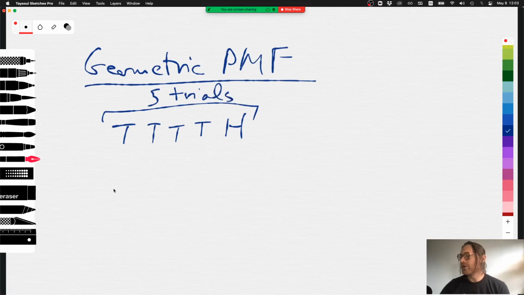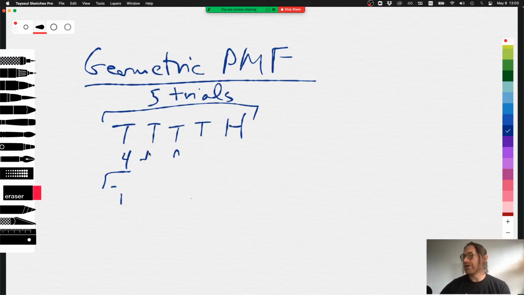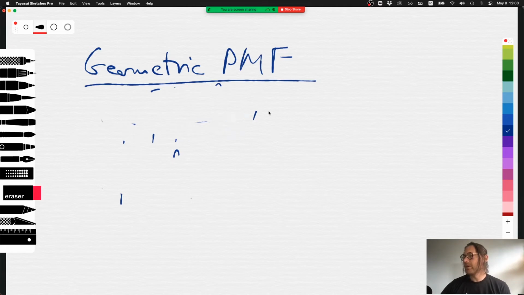Or we can consider tails, tails, tails, tails, heads, and only think about the 4 trials before we get success, okay? And this is where this can become a point of confusion with the geometric PMF because there are 2 different forms of the PMF. So let's just look at those 2 forms. They're very similar. Just one accounts for inclusion of the success and the other does not.